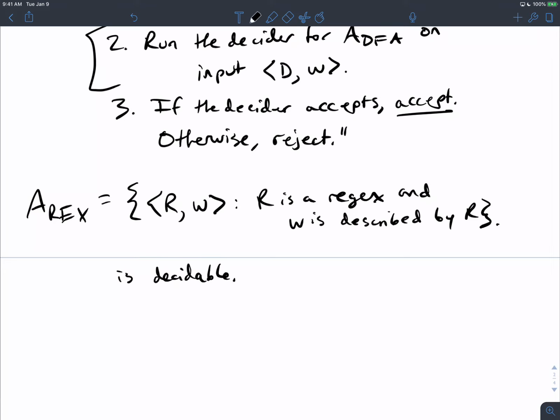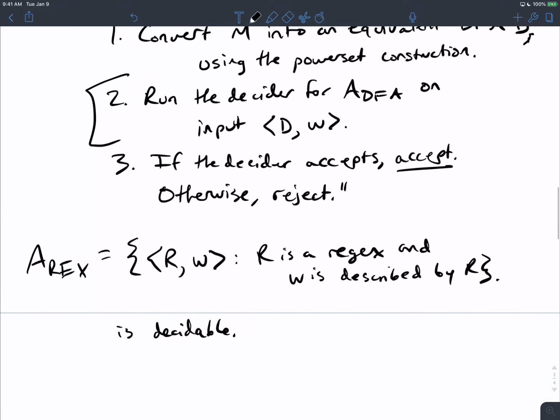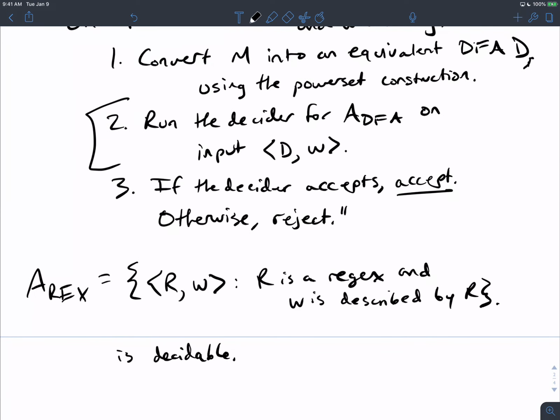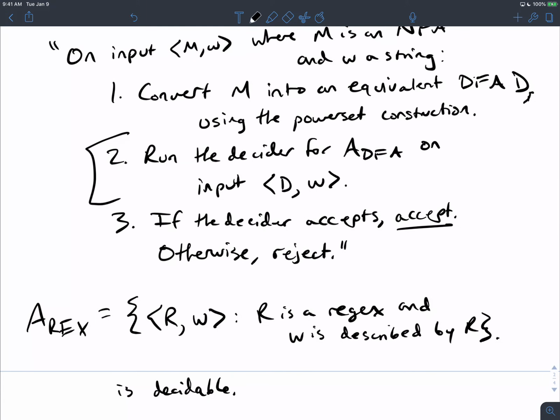Okay, so the key thing that I want you to take away here is that all of these problems are decidable. All 4, I guess, that I just mentioned. All 4 are decidable. And here's one thing that you should keep in mind, because a lot of students miss this, hint, hint, is this statement right here.